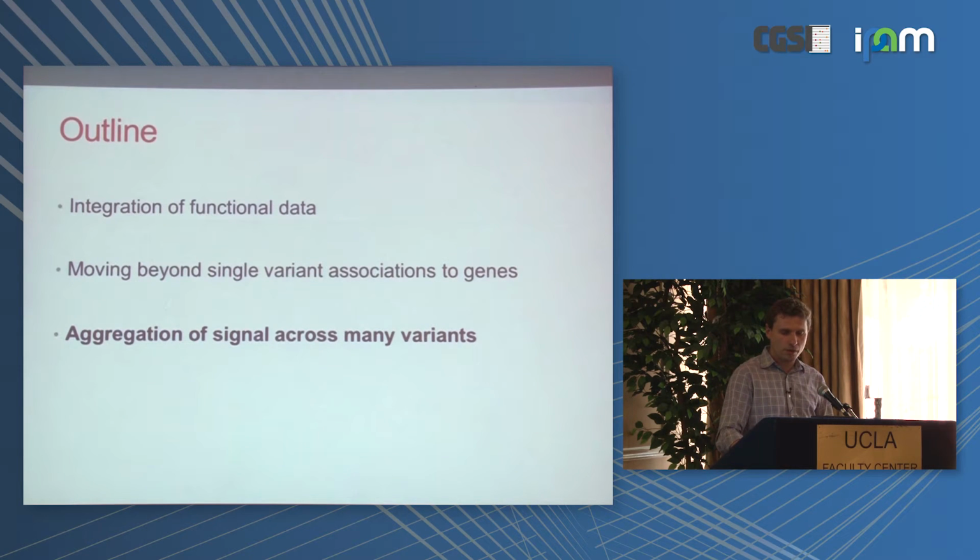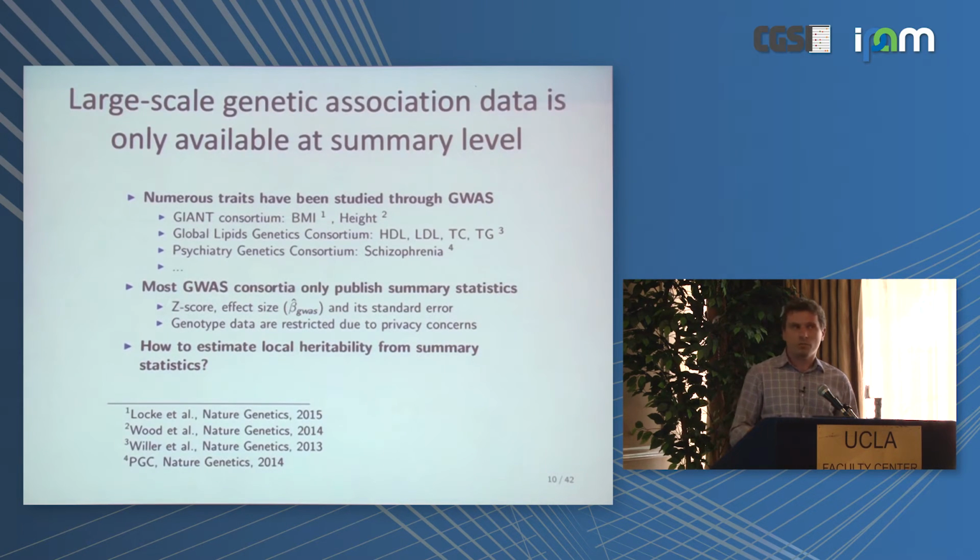How do we go about doing that? Well, you can do that through mixed models, but as I was making the point before, large-scale genetic data is not really available at the individual level, but it's typically available at the level of p-values, or in other words, of summary statistics.